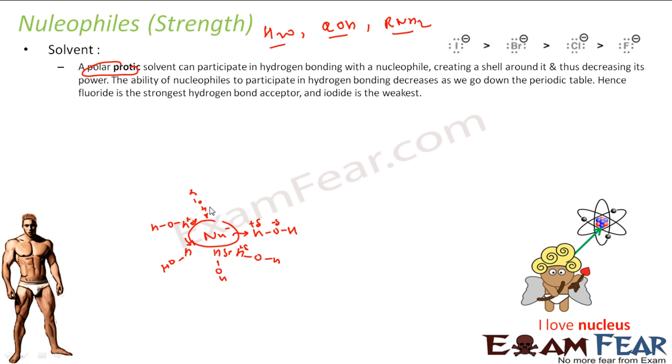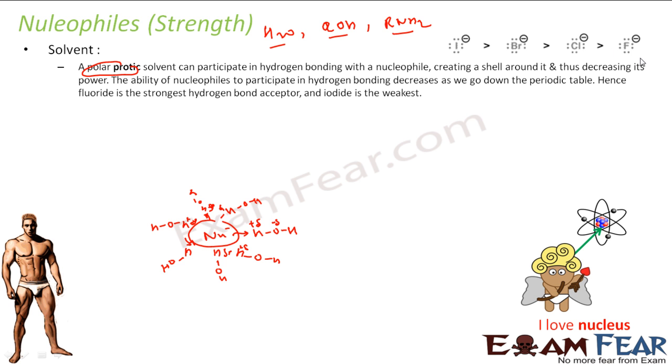Because of hydrogen bonding and the slight plus charge on hydrogen, it will hog this particular nucleophile, right? So this nucleophile is trapped in the water molecules, and with this the power of the nucleophile is decreased. That's why if you have a polar protic solvent like this, the nucleophile strength is reversed.